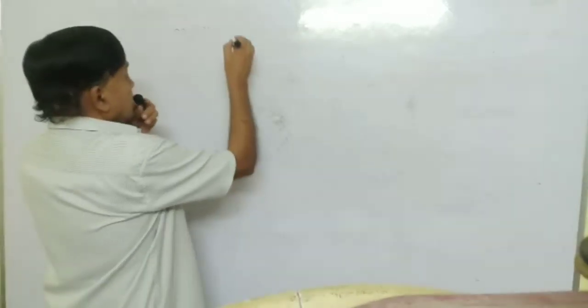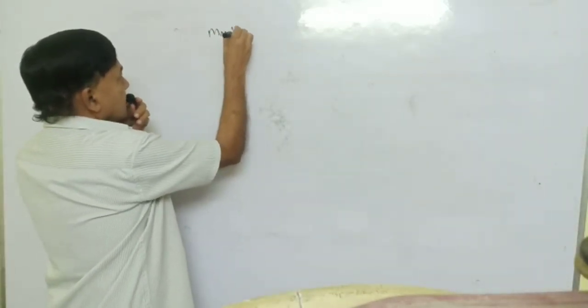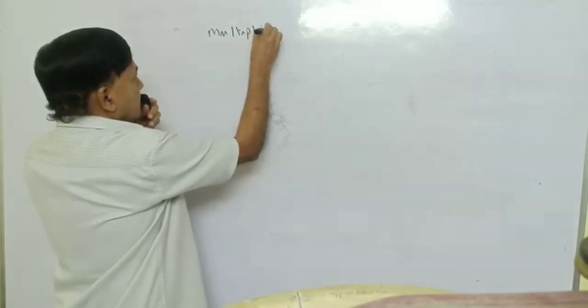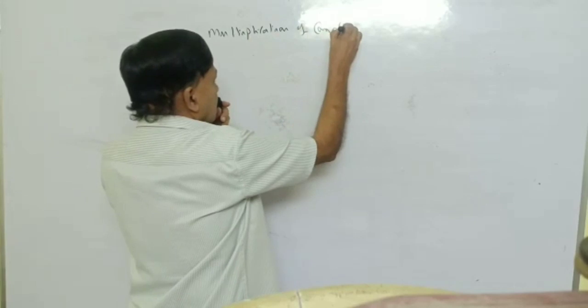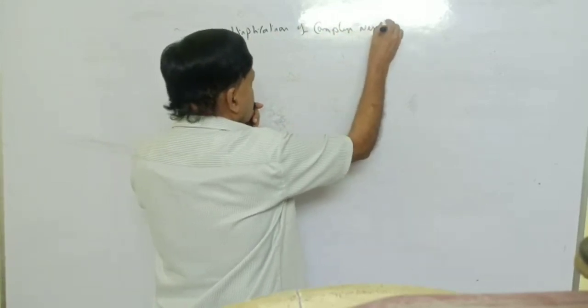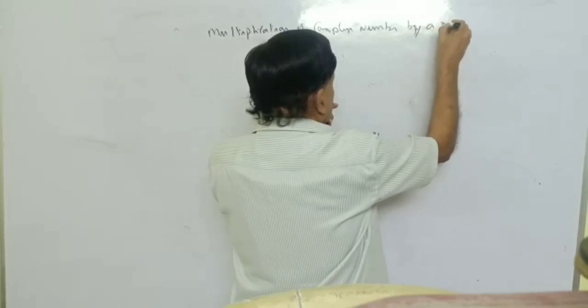Next is multiplication of a complex number by a real number.